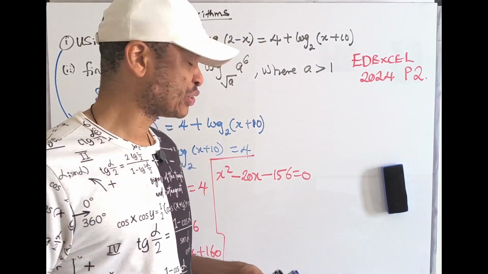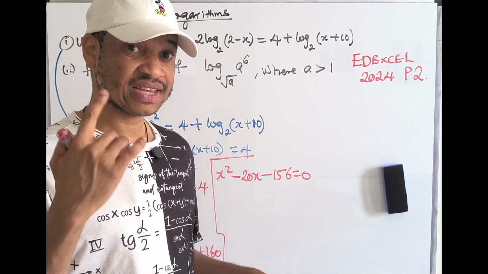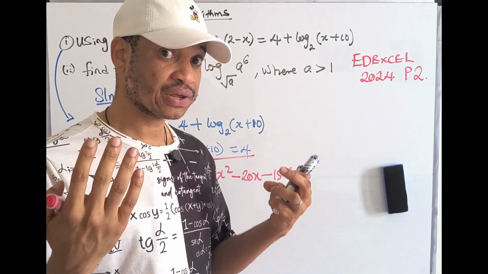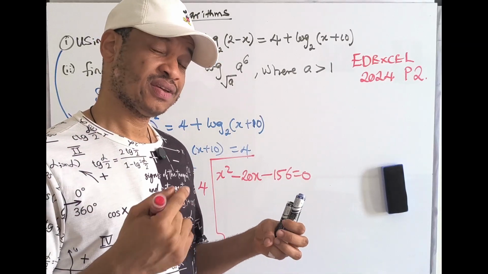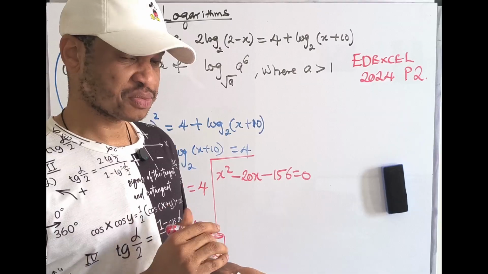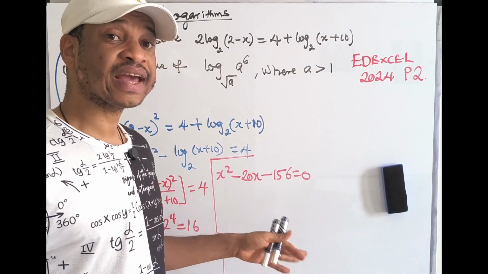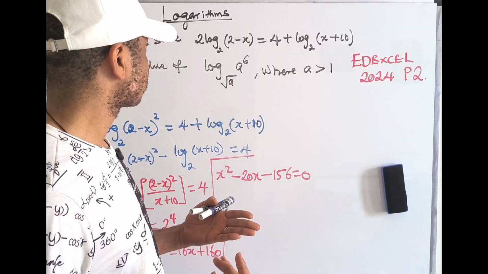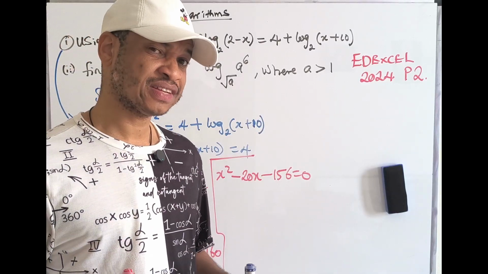If you're doing logs, you should be able to solve quadratics. And there's a calculator trick you need to know. Don't crack your head. Use the calculator to solve it. Then you do some magic. If you don't know, just message me in the chat. All right, so whatever you get, that will be your answer. But x depends on the values you get, so solve it and tell me what you get.